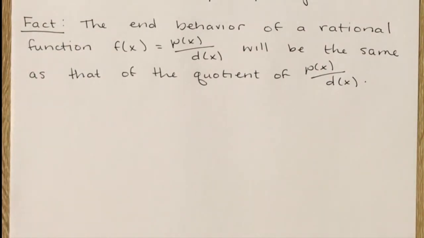Okay, so quotient of p of x over d of x. Let's look at a couple of examples here of what that might look like.